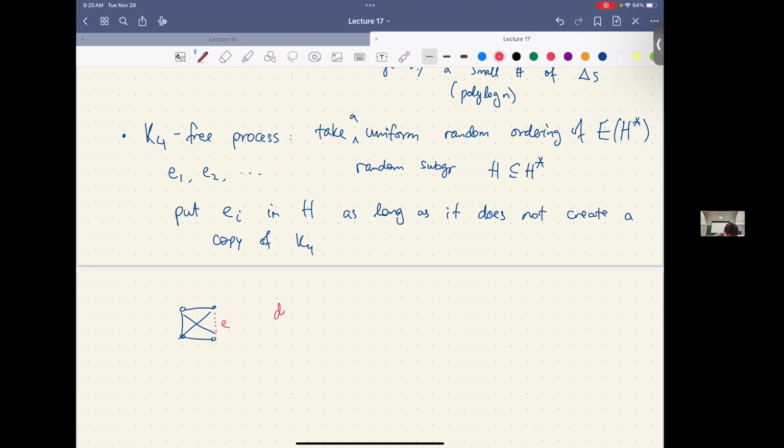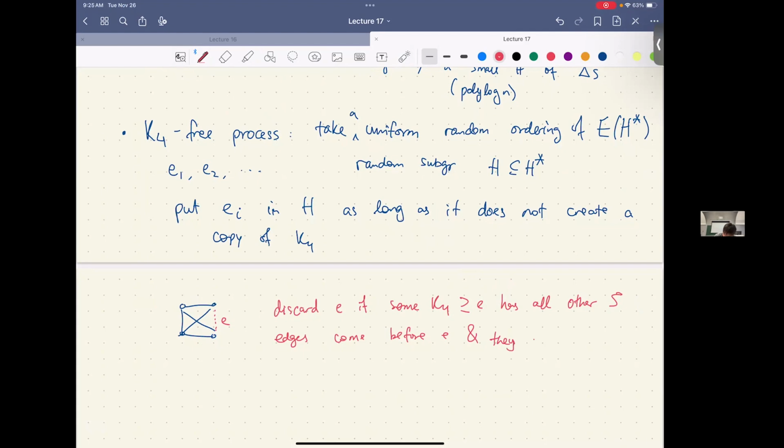In other words, you discard E if some K4 containing E has all other 5 edges come before E, and they all get picked for H. This is just what it means.